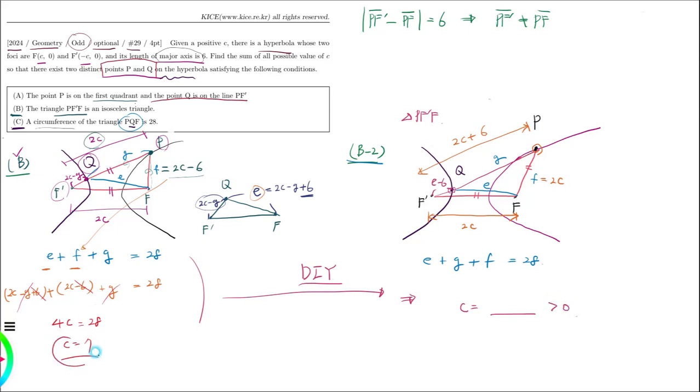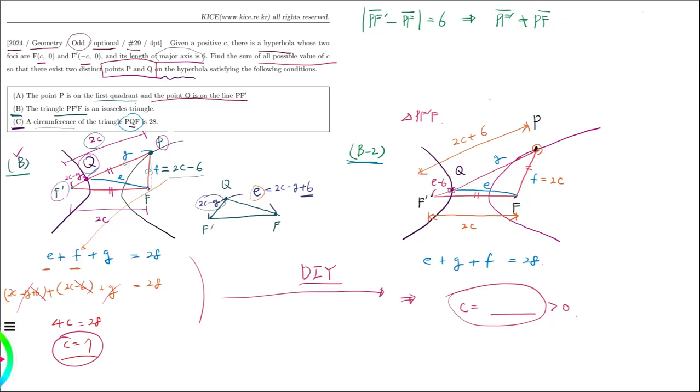So those two c's are all possible values of c, and then you can add them and find the value the question is demanding you to figure out.